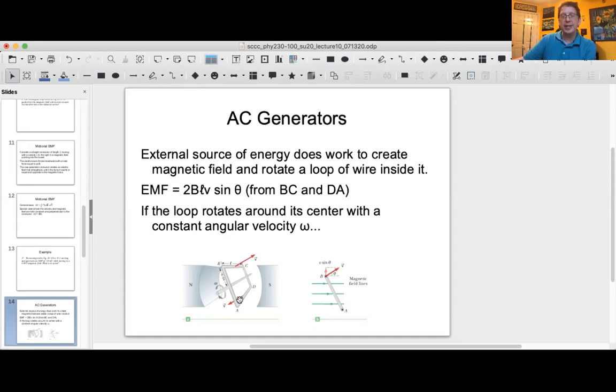So you're not creating a motional EMF through the segments of width A, but you are through the segments of length L. And so the induced EMF is equal to B, the magnetic field, times the length. Remember, we've got two segments of wire. So it's B times 2 times L times V sine theta, because you're taking the cross product of V and B into effect.